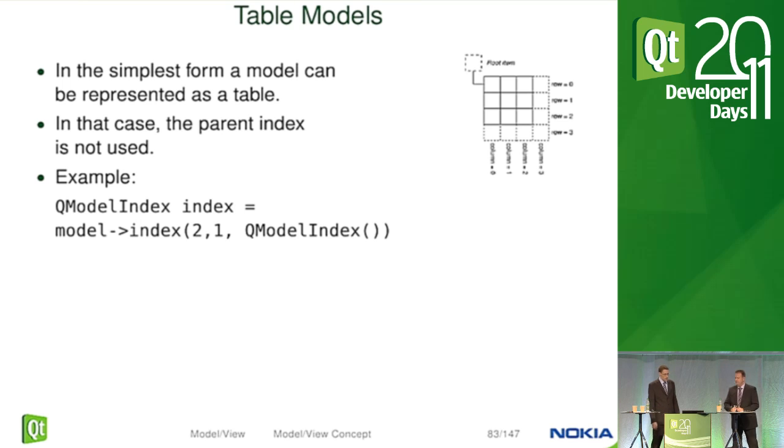Fortunately, if you ever need to, the QModelIndex with empty parentheses is actually defaulted like that. So the QModelIndex with empty parentheses indicates the null index, and the null index is usually thought of as sitting here on top.